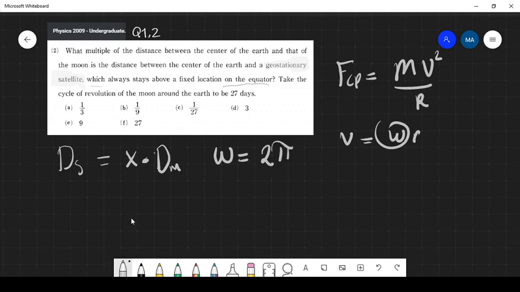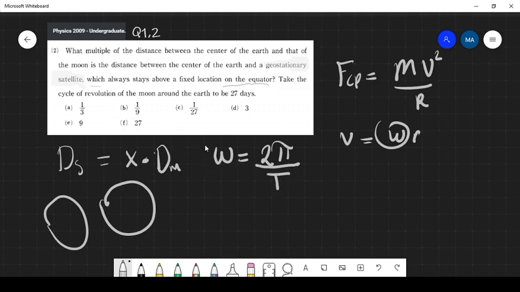So if 2 pi is for you to make a whole loop, a full cycle, divided by big T, which is the period to make the full cycle, this is the relation you will use to get to the period.